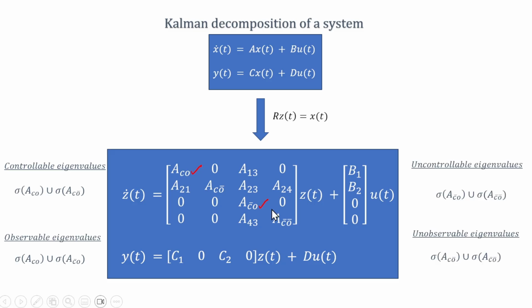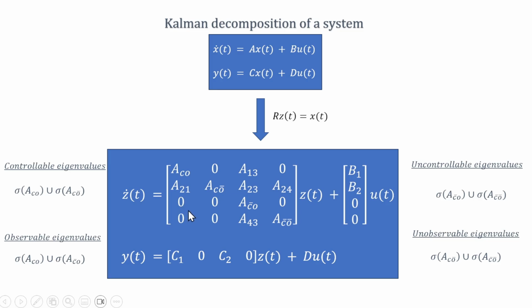Similarly, the uncontrollable eigenvalues are the eigenvalues of this part and this part, and the unobservable eigenvalues are the eigenvalues of this part and this part.